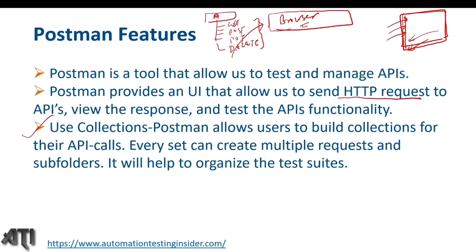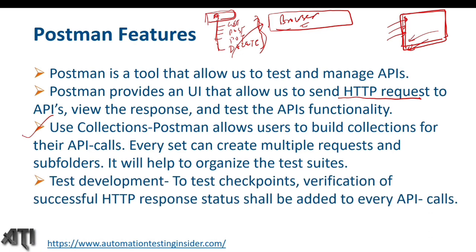These are the different requests we can create inside a collection, and we can also create folders as well. So Postman allows users to build collections for their API calls. Every collection can have multiple requests and subfolders. It will help to organize the test suites, so we can create test suites using collections as well. Later on, we can run that collection as a whole for the multiple requests. So in simple terms, a collection is a combination of different HTTP requests.